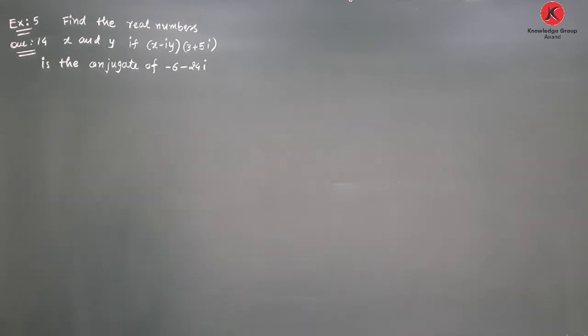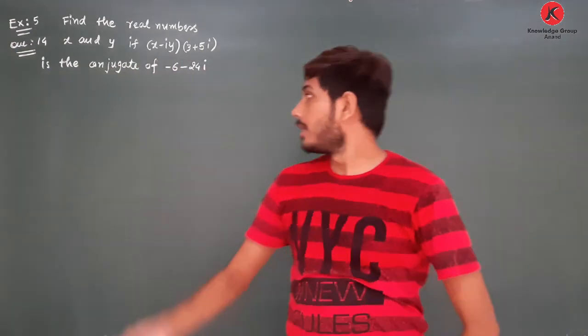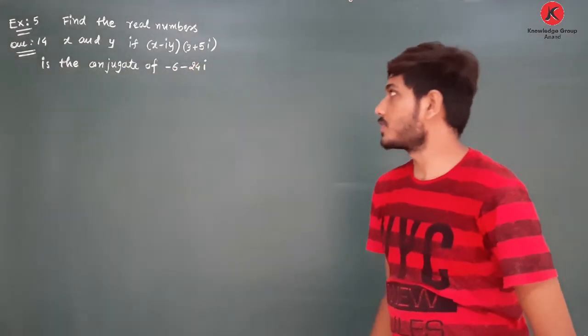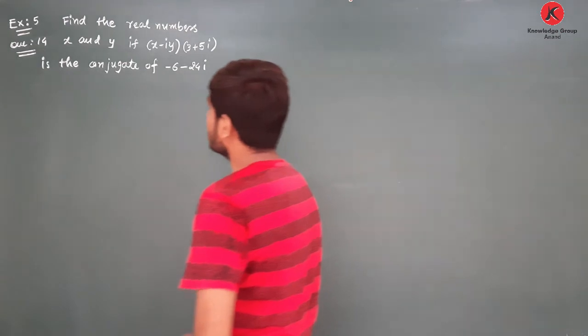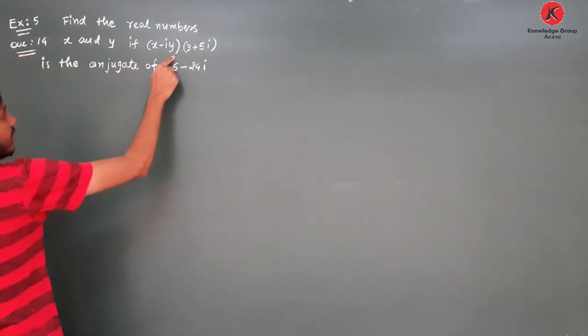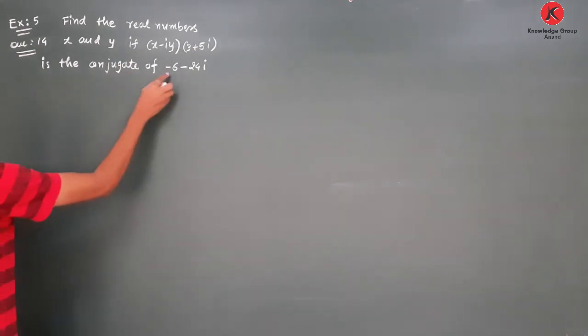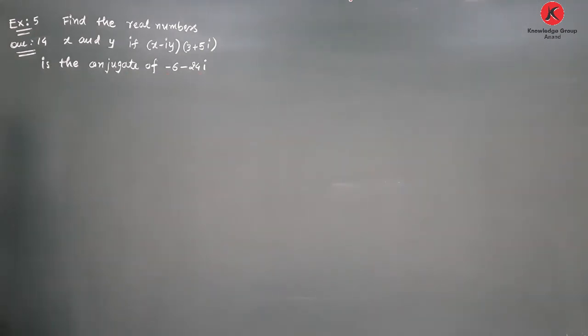Now, the next question. The question is question number 14, exercise 5. Find the real numbers x and y if x minus iy into 3 plus 5i is the conjugate of minus 6 minus 24i.